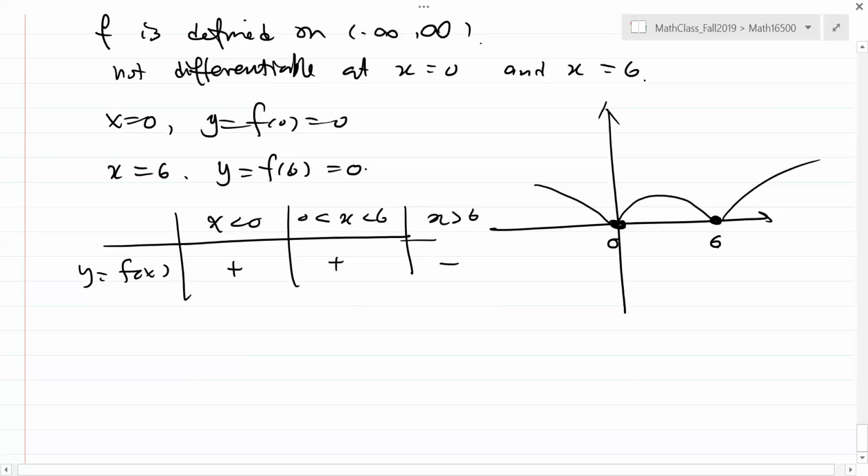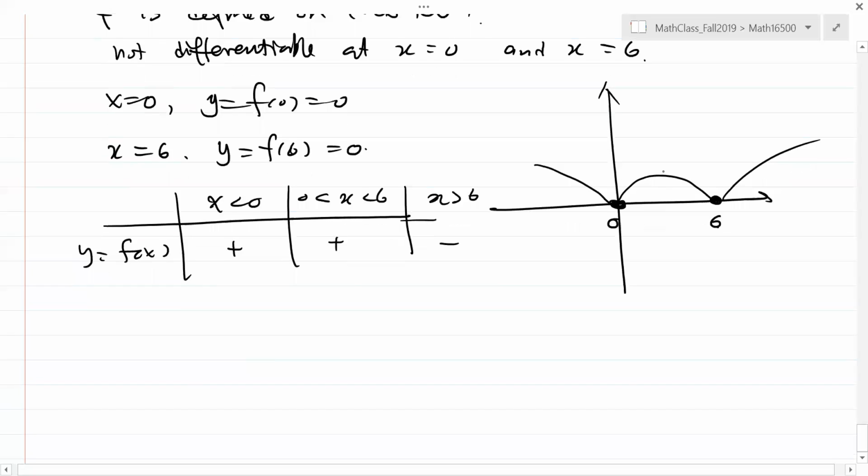The piece on the right-hand side is also concave down. I strongly believe the second derivative is always negative. How about the first derivative? Here there will be one critical number.